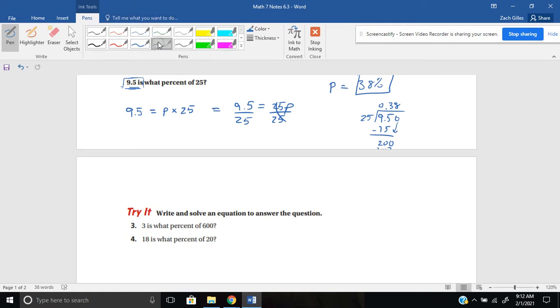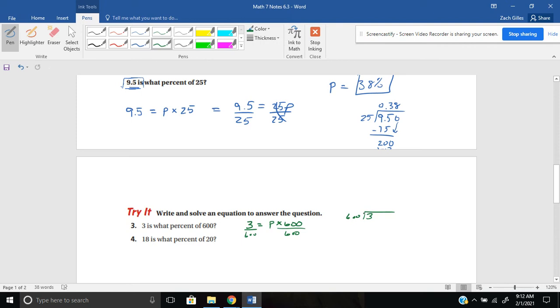Hopefully you had enough time to check those out. It says 3 is, so 3 is my part. What percent of 600? So times 600. To undo multiplying by 600, I divide by 600 on both sides. So I have 3 divided by 600.